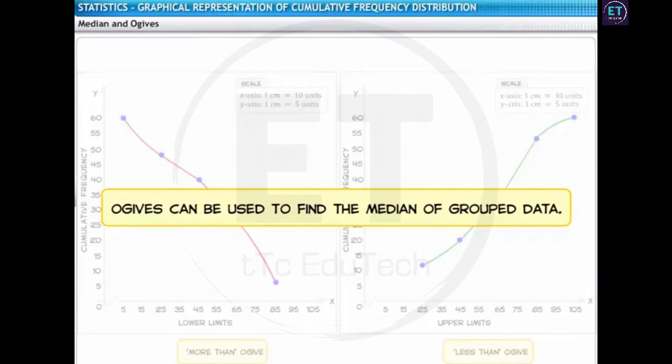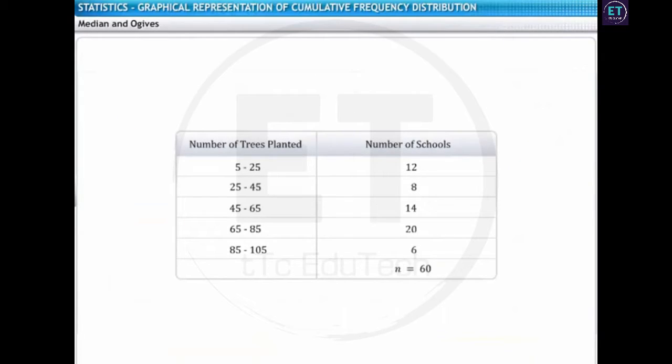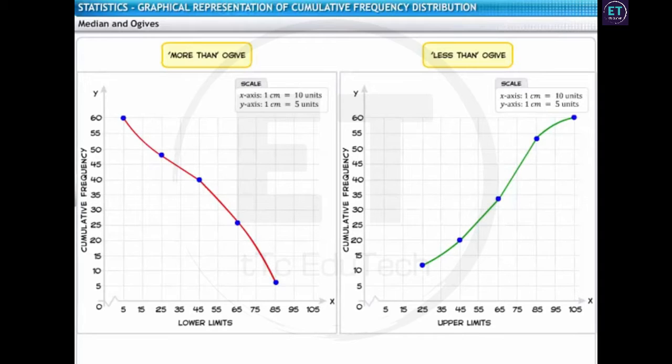Ogives can also be used to find the median of grouped data. Let's see how this is done. From this table, we can see that the total number of observations, the value of n, for this data is 60. So n by 2 is equal to 30. Now, let's locate the value of n by 2 on the y-axis.